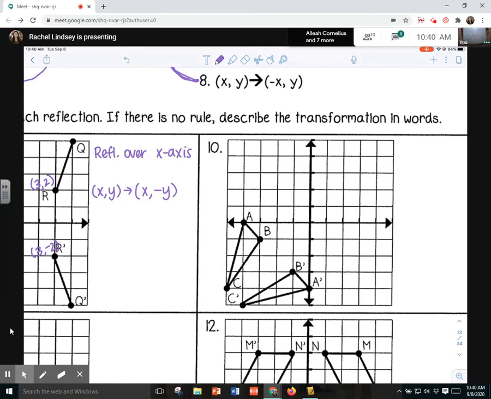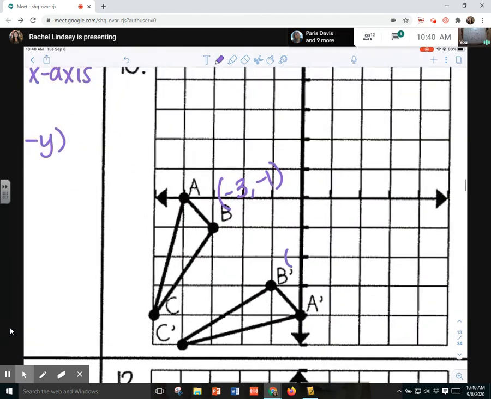Okay. Looking at number 10, I can personally see what it's reflecting over, but you might not be able to see it when you're just looking at it. So if you can't see it right there, I'm just going to look at B or A, doesn't really matter. I'm going to do B. So B is at -3, -1 and B prime is at -1, -3.